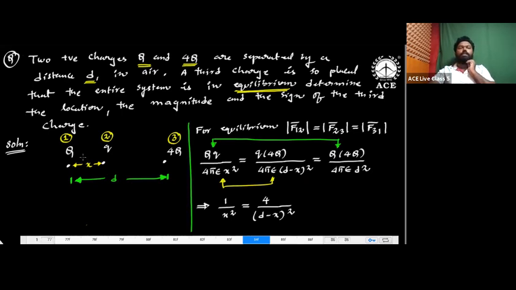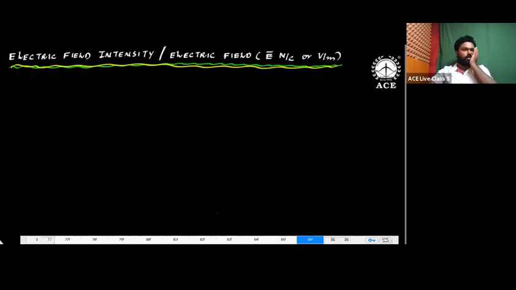See here, we are assuming that the charges are collinear. They are on a straight line. This charge you can place anywhere, here also. Isn't it? Fine. Let us focus on electric field intensity, or simply electric field.